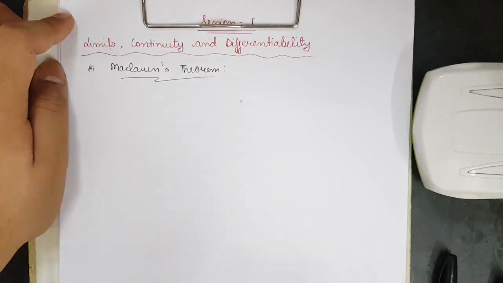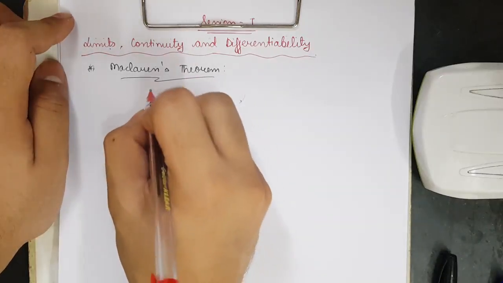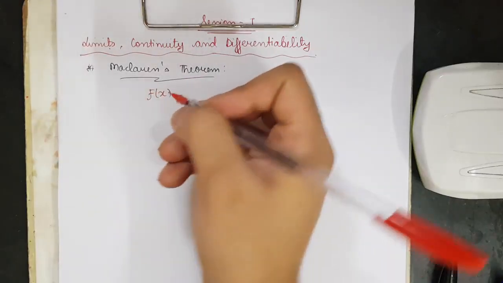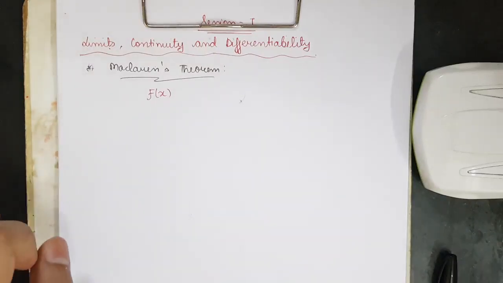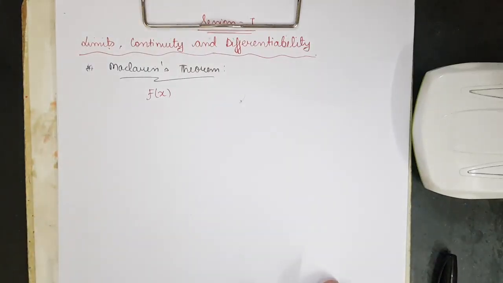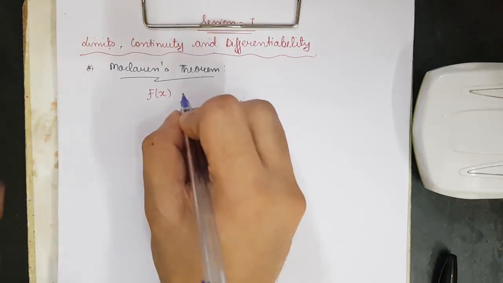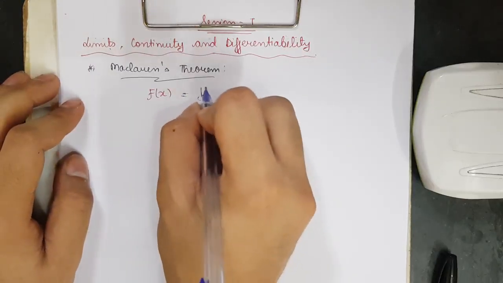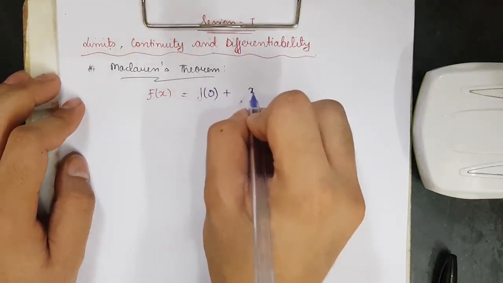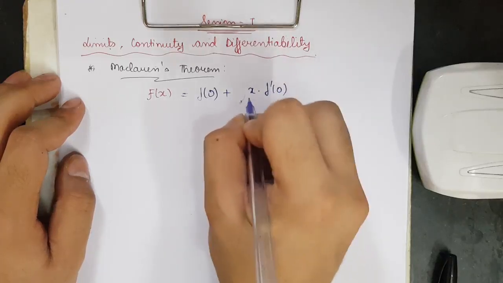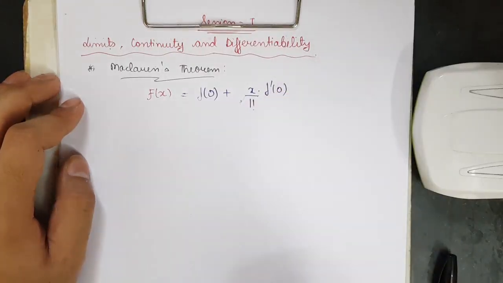So first of all, what it says is that whenever we have any function f of x, okay, so f of x is given to us like e raised to power x or sine x or something like that, it can be written as f of 0 plus x into f dash 0 by 1 factorial, that will be equal to 1.